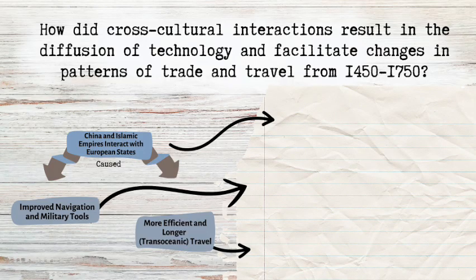This is going to return us to our learning objective question from the beginning of the lecture. How did cross-cultural interactions result in the diffusion of technology and facilitate changes in patterns of trade and travel from 1450 to 1750?